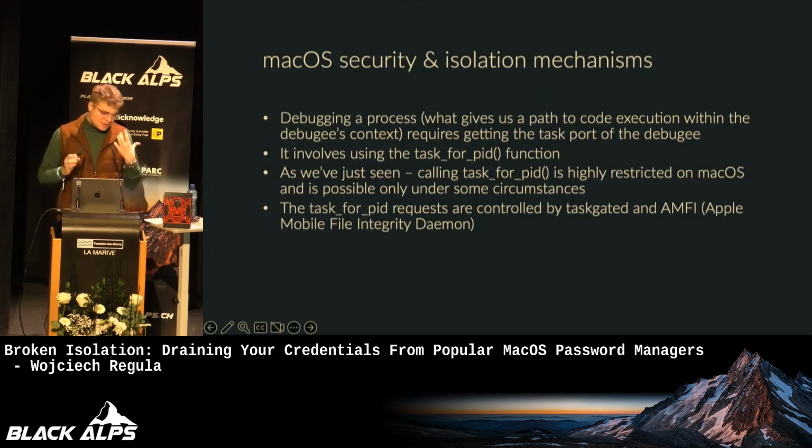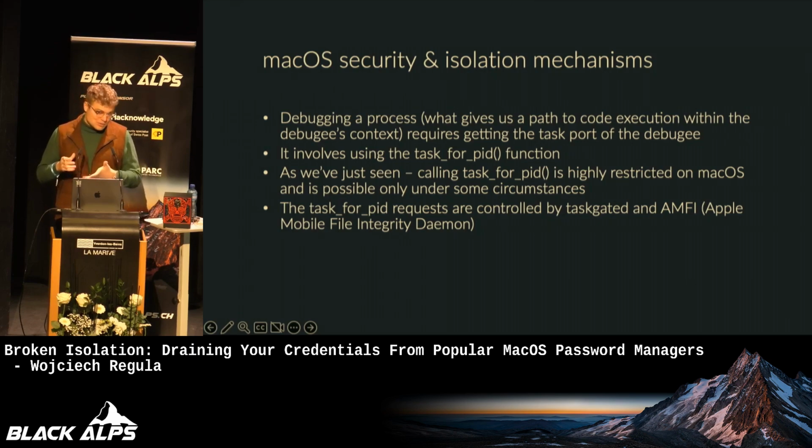Debugging a process, which gives us a path to code execution within the debuggee's context, requires getting the task port of the debuggee. So we are not in the FreeBSD part of the kernel. We are now in the Mach part of the kernel, where the security assumptions are kind of different. It involves using the task_for_pid function, which actually is not a regular function.